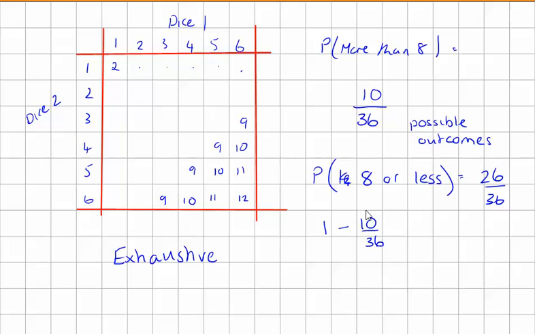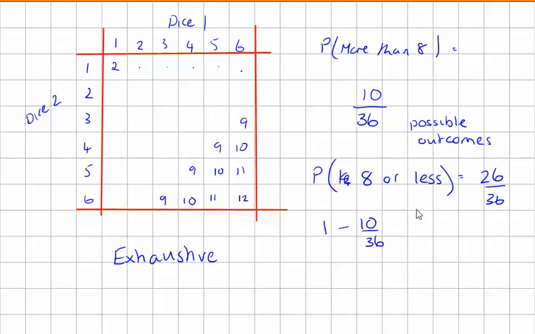That's not exhaustive because 8 still has to be considered. I almost did it wrong here, look. I almost put just less than 8, but I changed it to 8 or less. So that one and that one are exhaustive. Therefore, both of them have to add up to 1. So I have to do the 1 minus. Any questions on that?